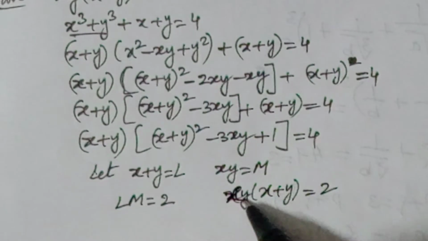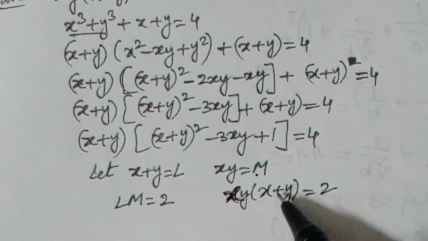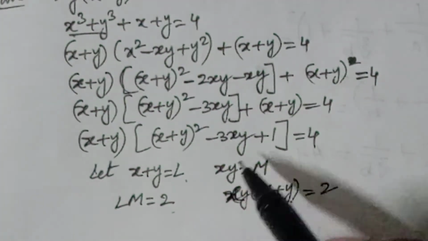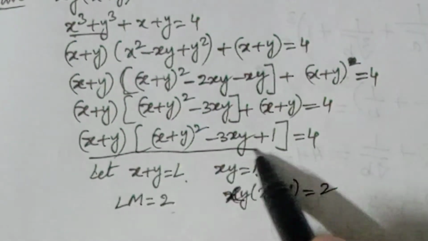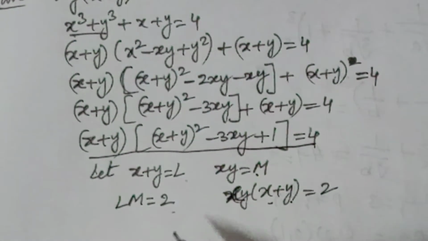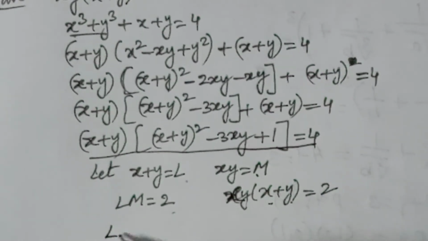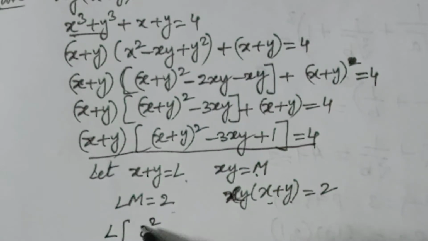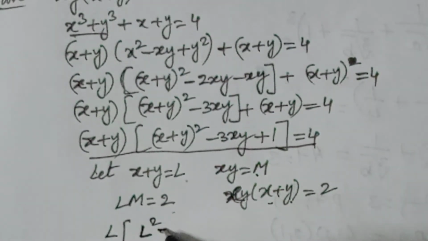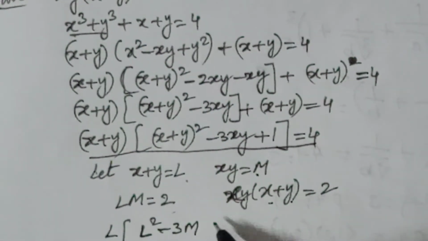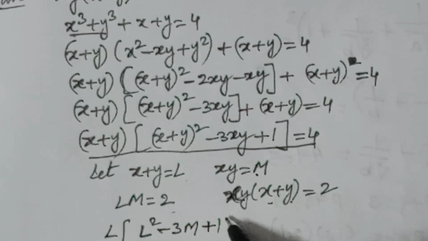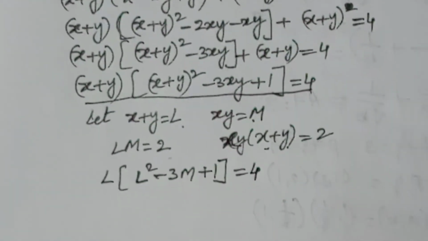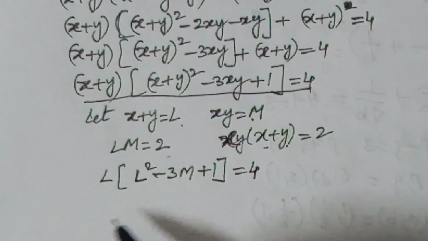So xy is M and x plus y is L. Lm equal to 2. So the second equation you are getting like this. This also can be changed as L into, xy is M, so L square minus 3m plus 1 is equal to 4. So we are changing into like this.